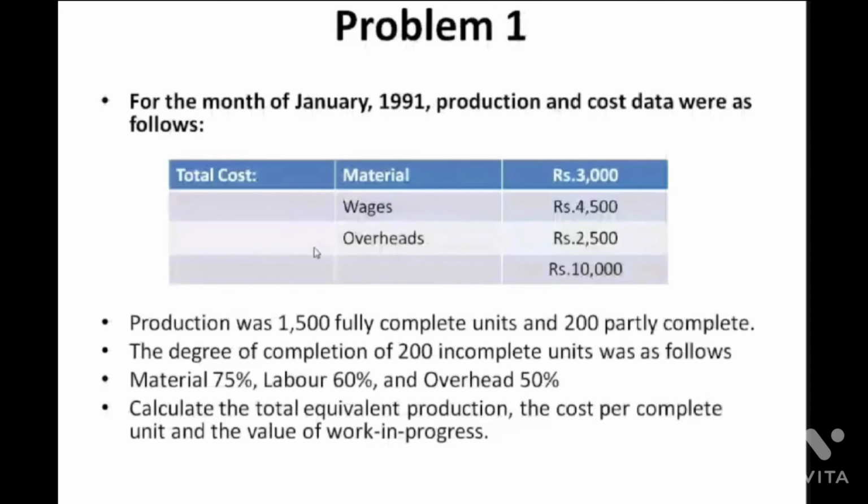So here is a problem, an example we are taking, and with the help of this example we will try to understand. This is the problem for the month of January 2020. Production is this, and these are the detailed information about the cost: material, wages and overheads. Total cost is 10,000. Production was 3000 fully completed units and 200 partly completed units.